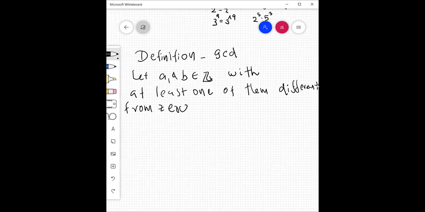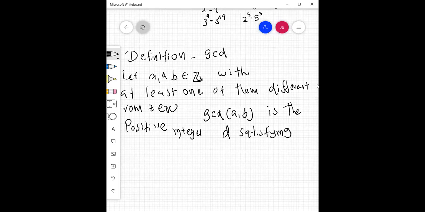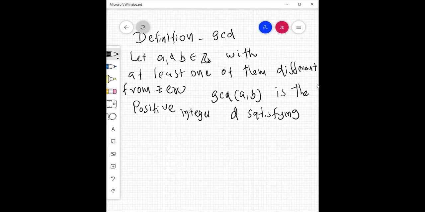Then GCD of A and B is the positive integer D satisfying two properties. What are those two properties? First one, D divides A and D divides B.